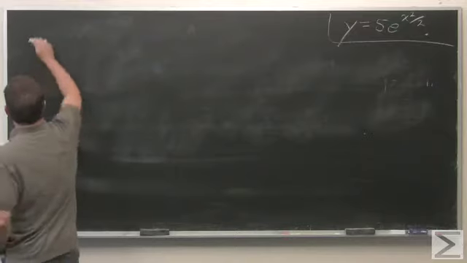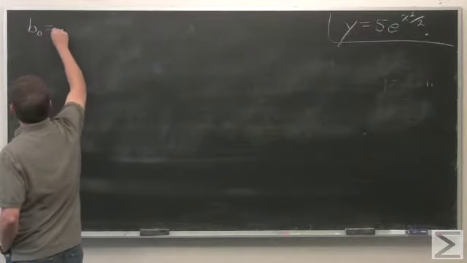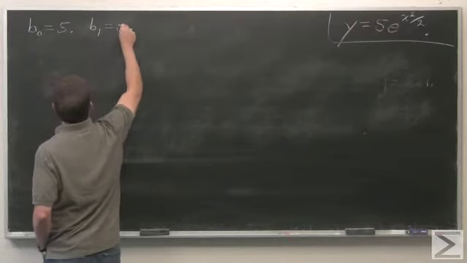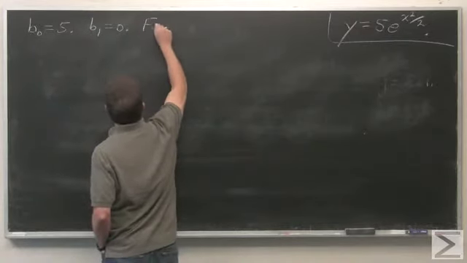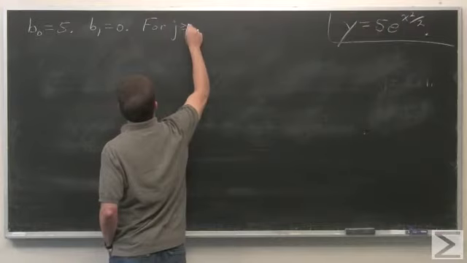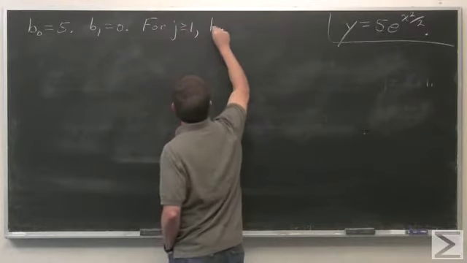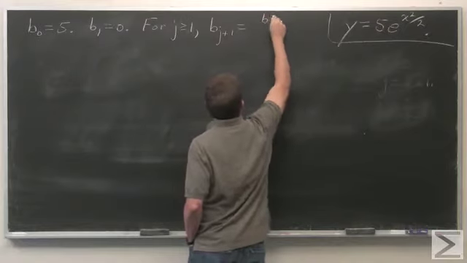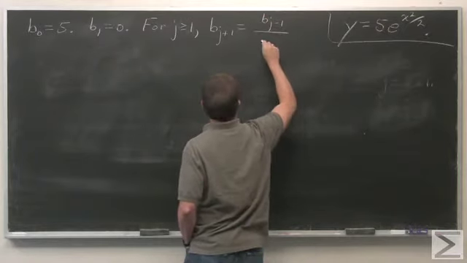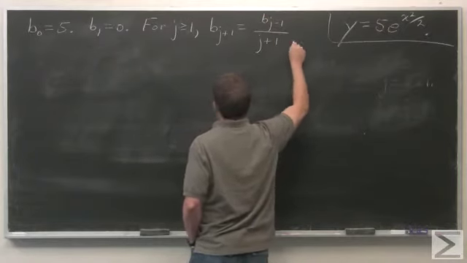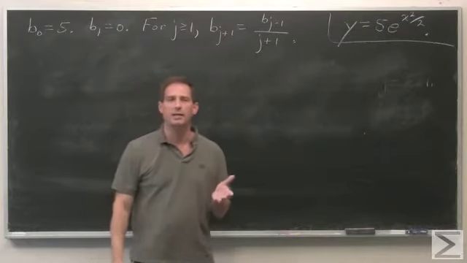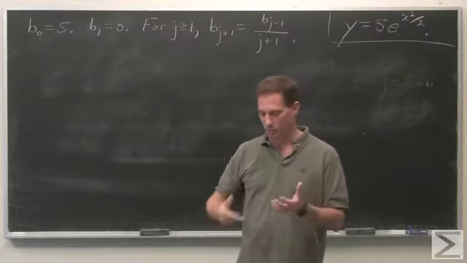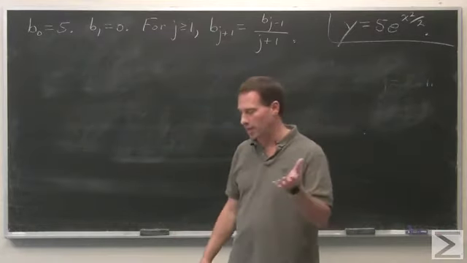So now our problem is this. You've got b naught equals 5, b1 equals 0, and for j greater than or equal to 1, b sub j plus 1 equals b sub j minus 1 over j plus 1. Technically, at some point here, we should do something called induction, and prove that some formula is true by induction.